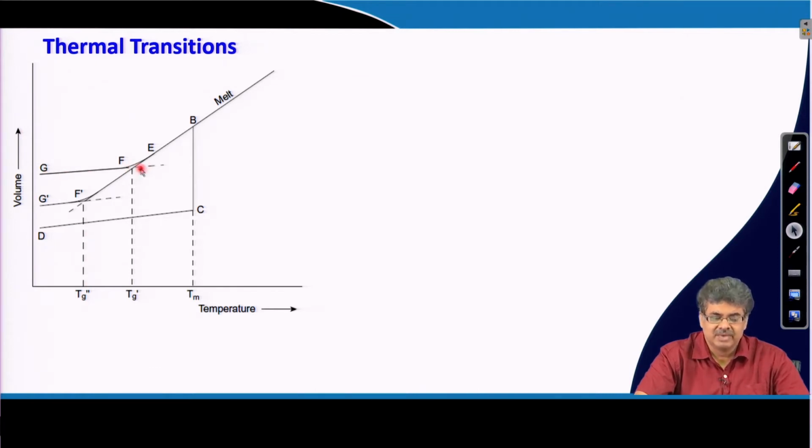Now, as you can imagine, if we cool it at a different rate, then this glass transition temperature will vary a little bit, because if we cool faster, then you are giving less time to the polymer to rearrange and pack, or basically become compact.